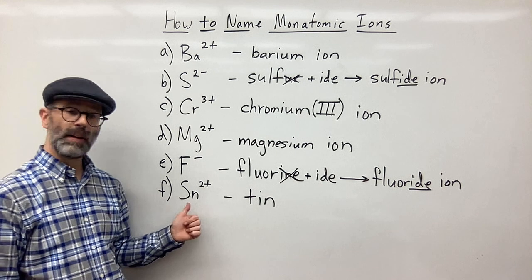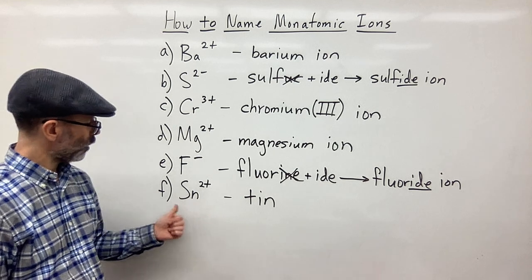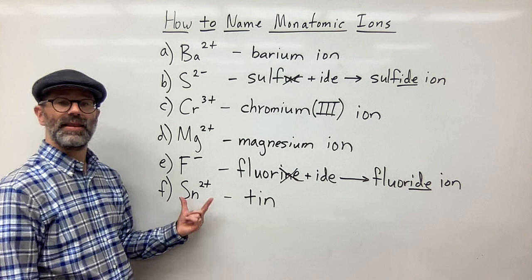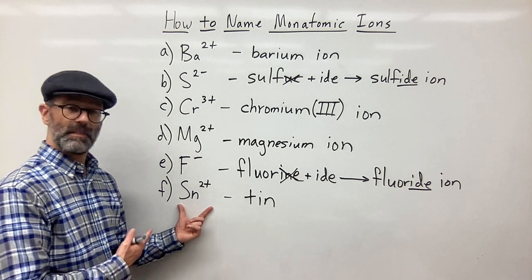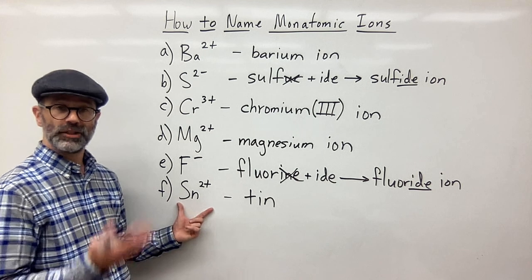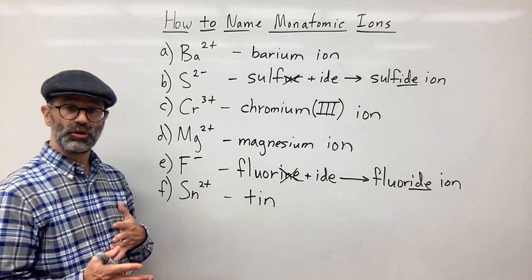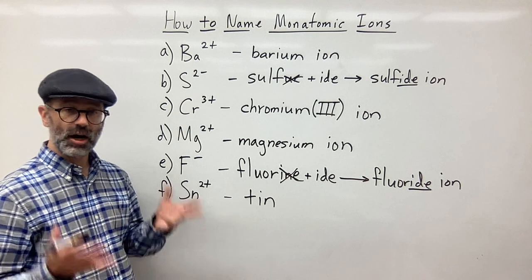It is a representative or main group element. So we would expect that this would have no Roman numeral because it's a main group element. We just said that transition elements have Roman numerals and main group elements don't. However, there are exceptions.